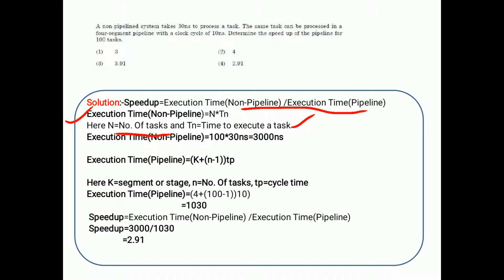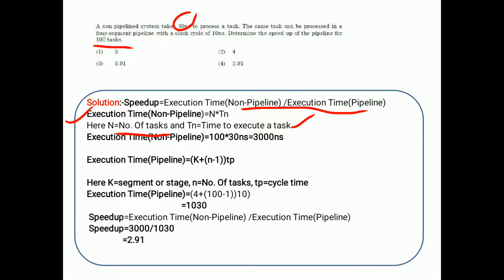In this question, in case of the non-pipeline system, the time given to process a task is 30 nanoseconds, and the number of tasks is 100 in both cases, non-pipeline and pipeline.